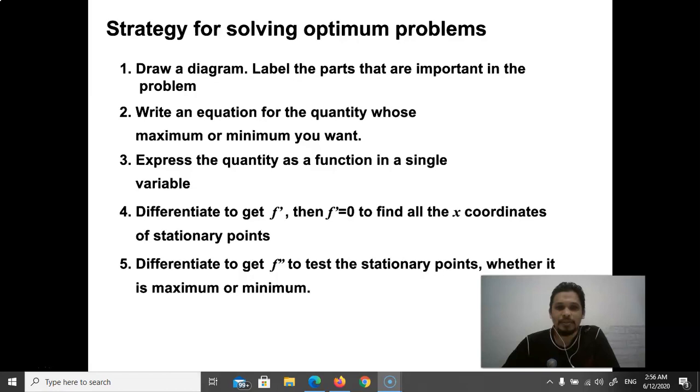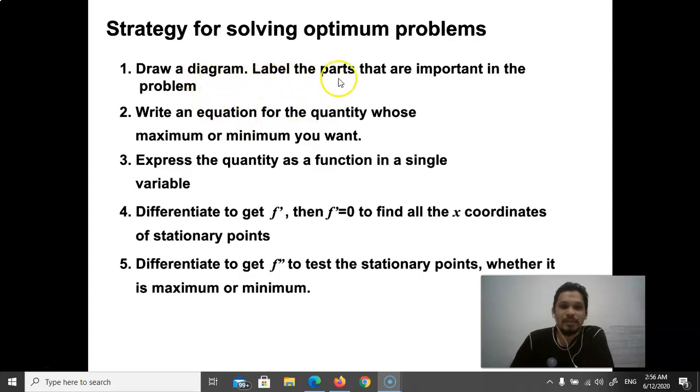Okay, so if you see all these instructions, or we call them the strategy, they are the reference for us on how we are going to answer this kind of question.